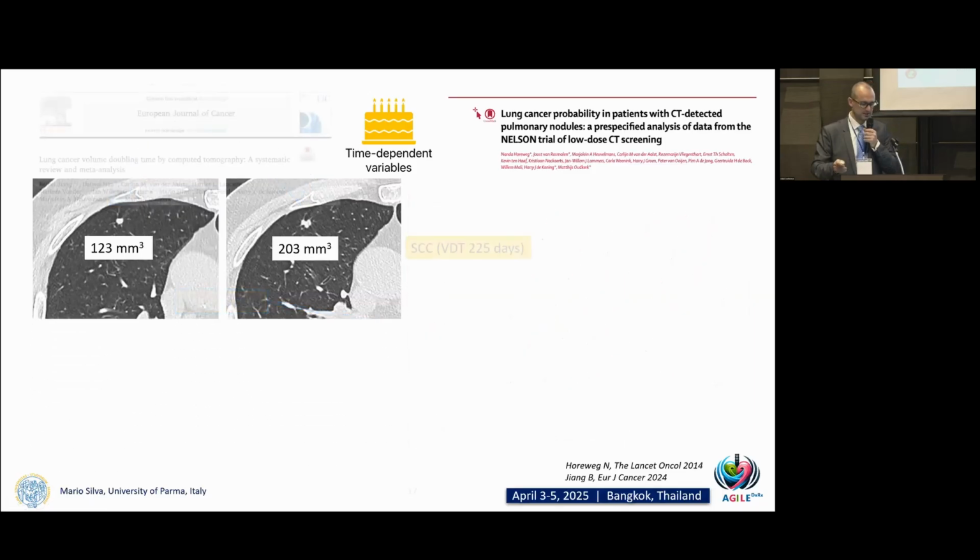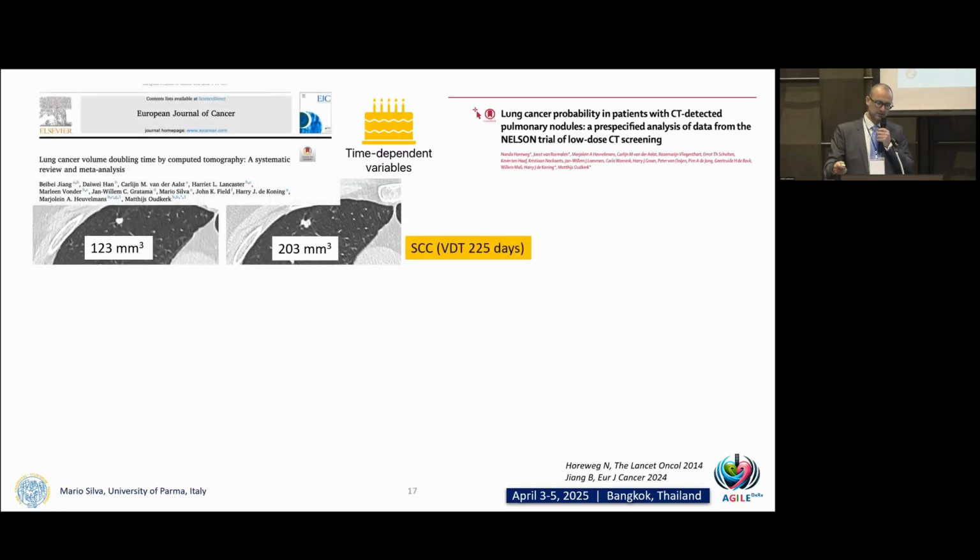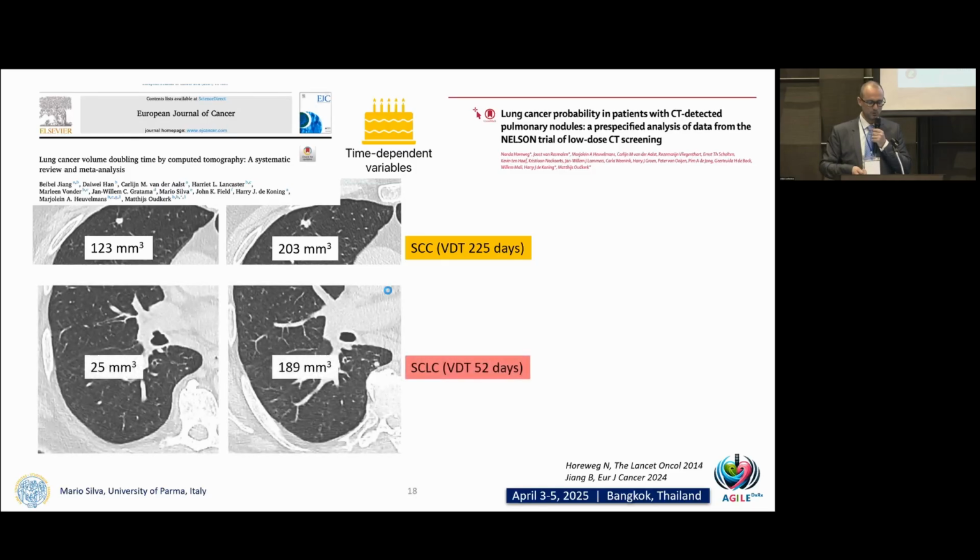But not only this, if you take a look at this very patient, you will spot a nodule that was 25 cubic millimeters at the baseline and becomes 189 cubic millimeters at follow-up. And at surgery, it was resected with the major nodule. It happened to be a small cell lung cancer.